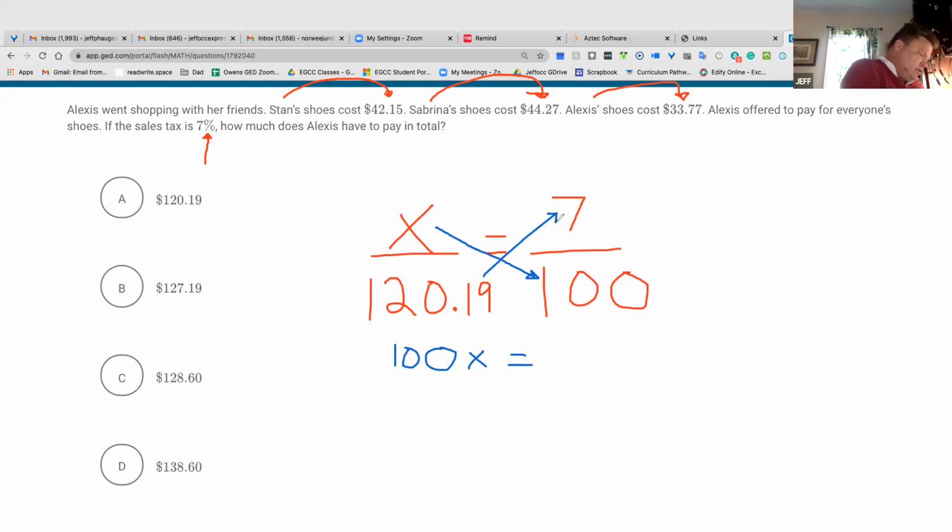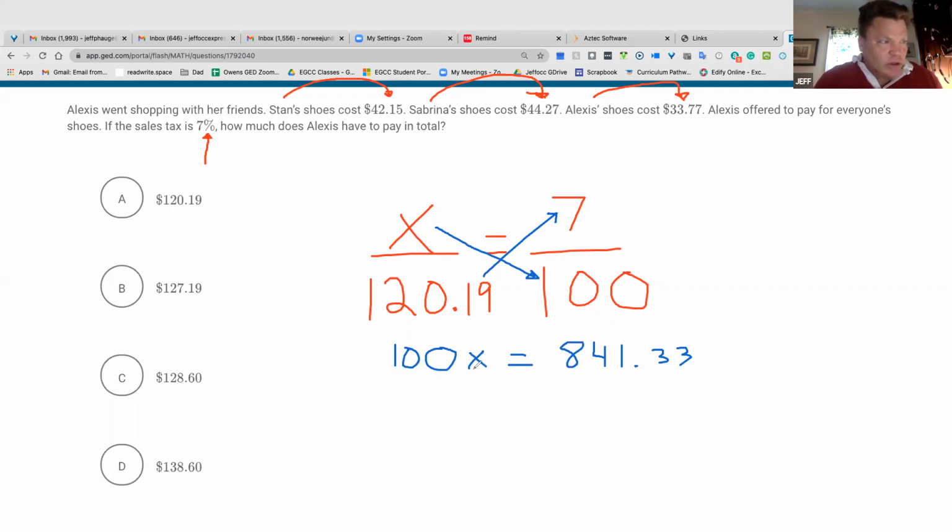We don't do anything in our head. 120.19 times 7 is 841.33. So that's the second step. Real live math.